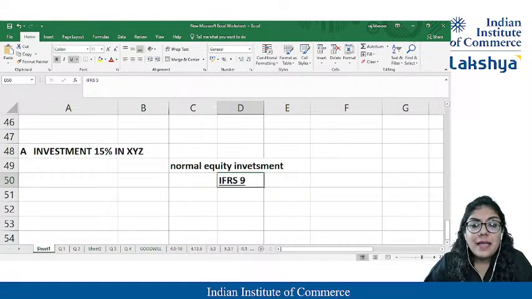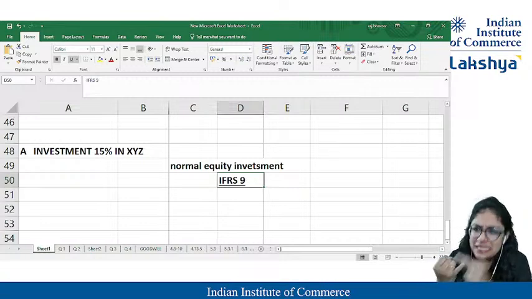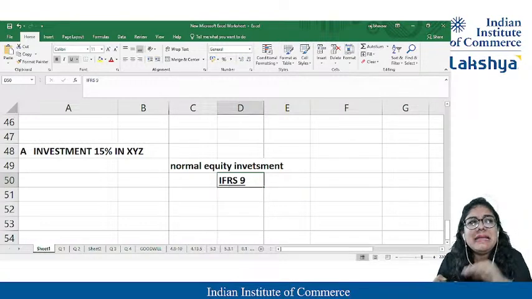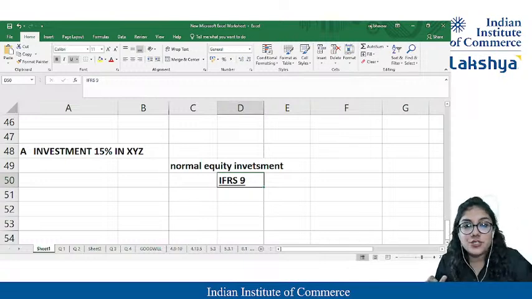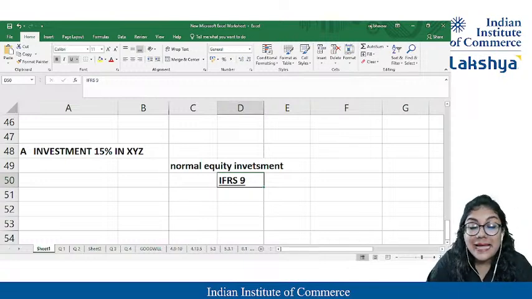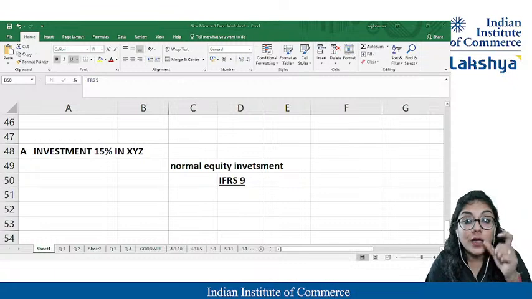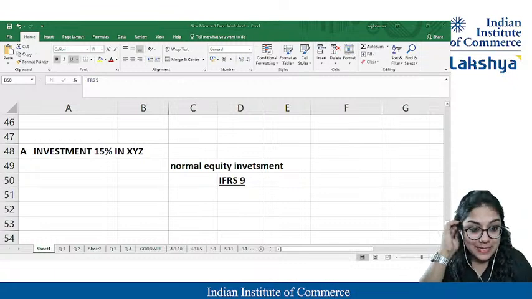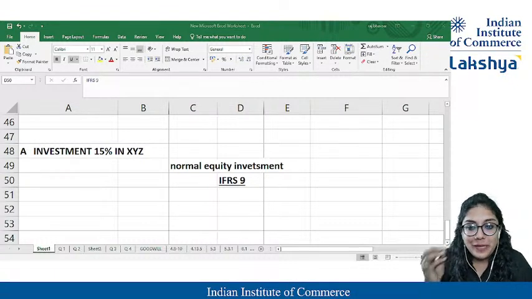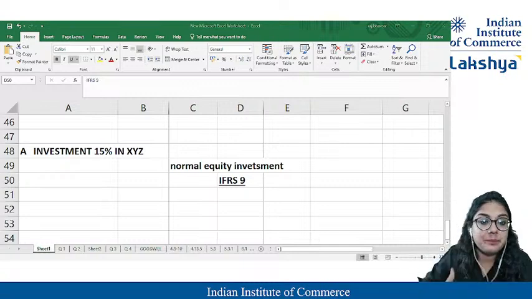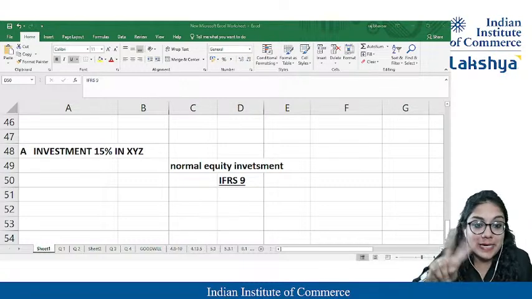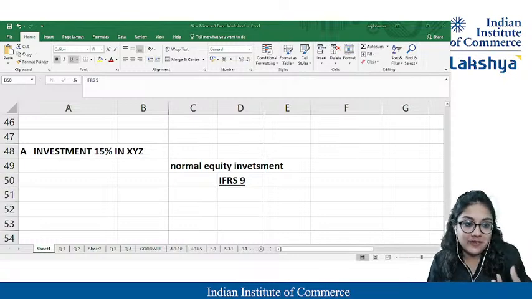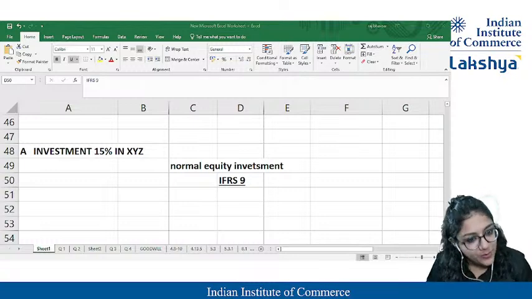But if my company is interested in getting interest and principal, and in between may sell before maturity, then the changes are booked through fair value through other comprehensive income, FVTOCI. But if you have made an investment just for trading purposes, any change between the carrying amount and the fair value should be routed directly through the profit and loss account.